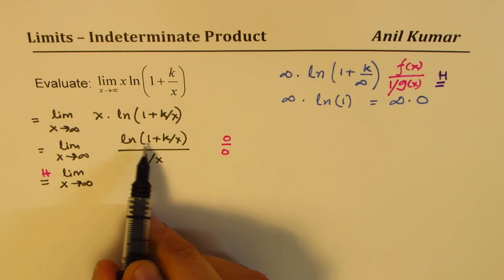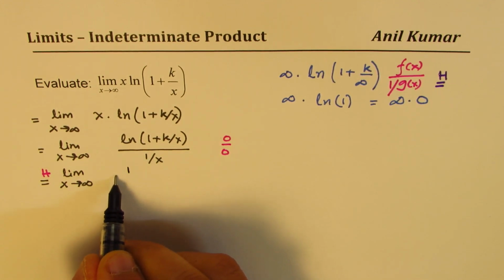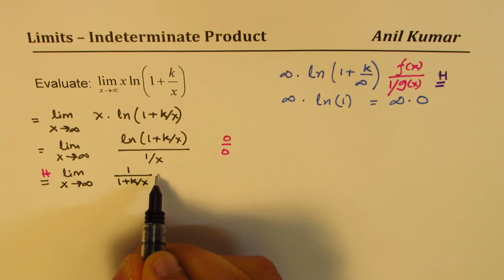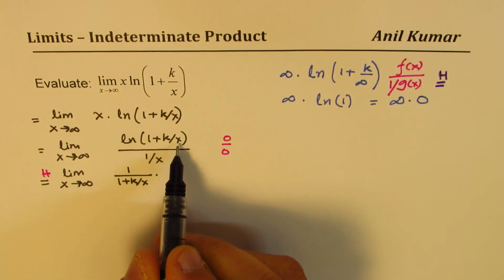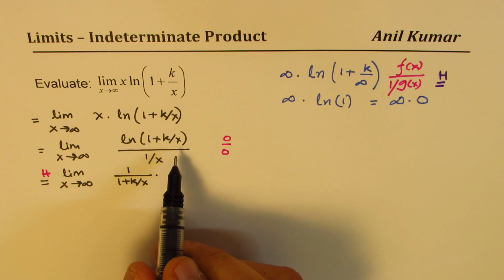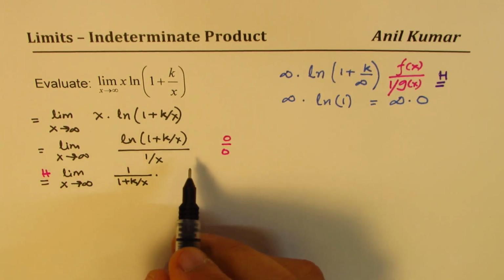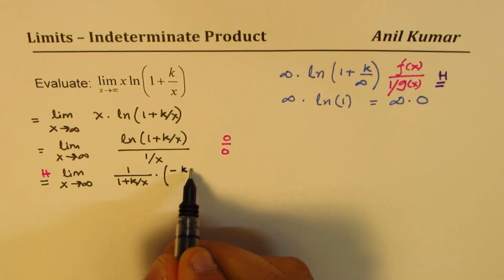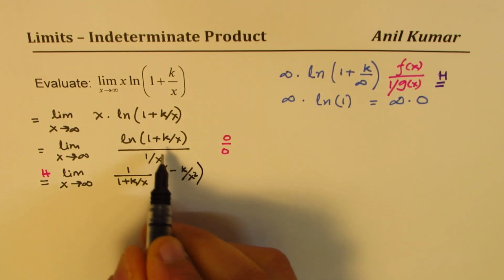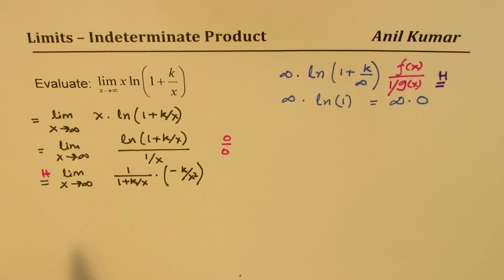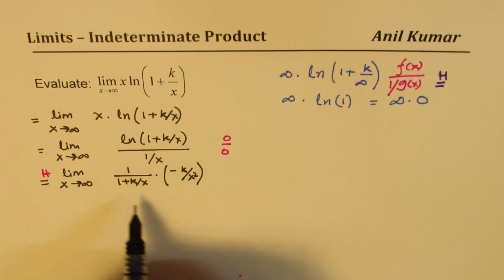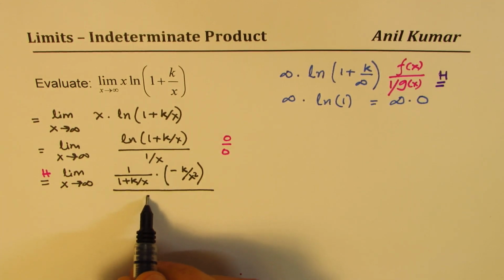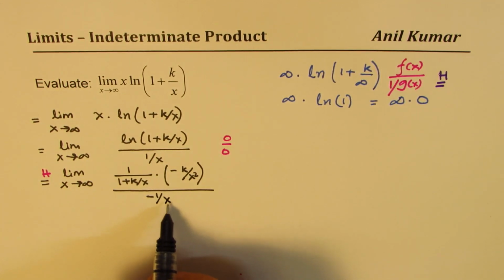For ln(1 + k over x), we get 1 over (1 + k over x) times the derivative of k over x, which involves minus k over x squared. So that becomes the derivative of ln(1 + k over x). In the denominator, the derivative of 1 over x will be minus 1 over x squared.